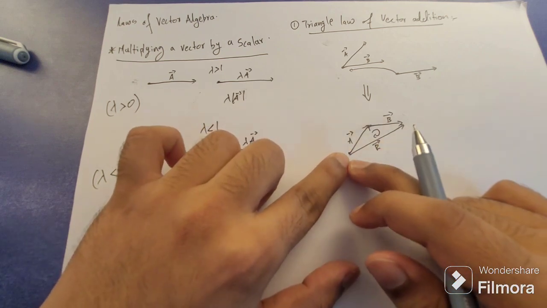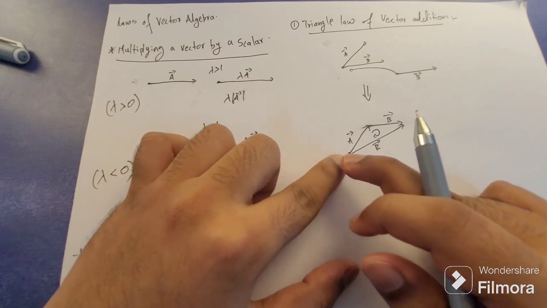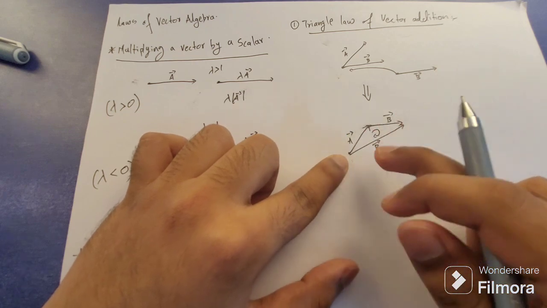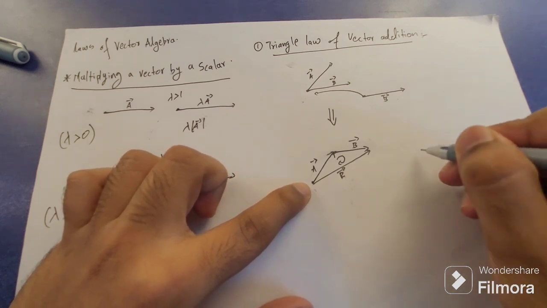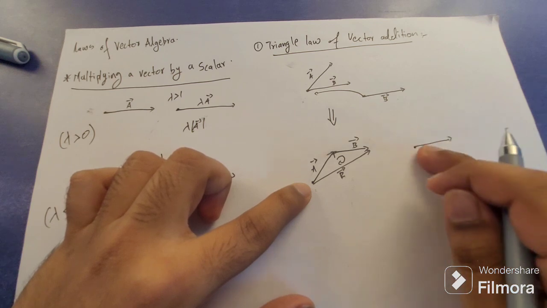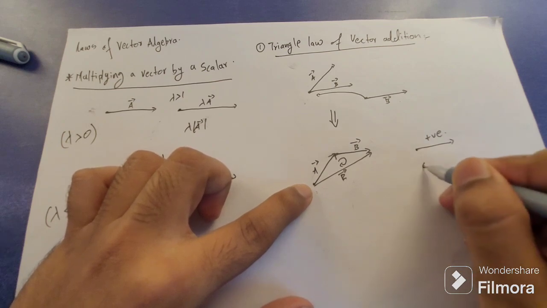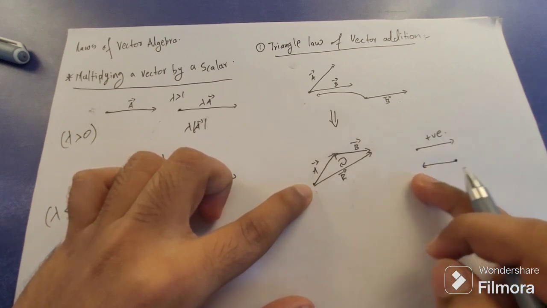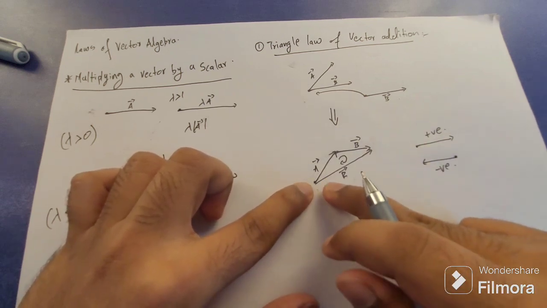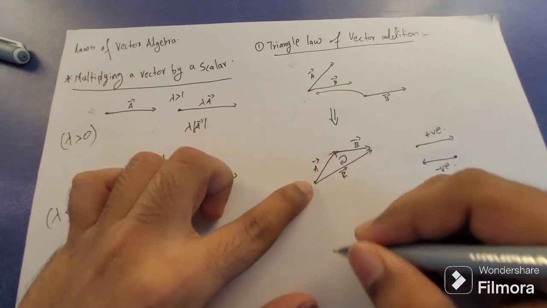Let us say I start from this vertex, which is the tail of vector A. Now all we have to do is go along this triangle by traversing each of its sides, and while doing that, if we go along the direction of a vector from its tail to head, we take that vector as positive, while if we go from the head of the vector to its tail, then we count it as negative. So if I start here, I'm going along the direction of vector A, so I'll take it as plus vector A.